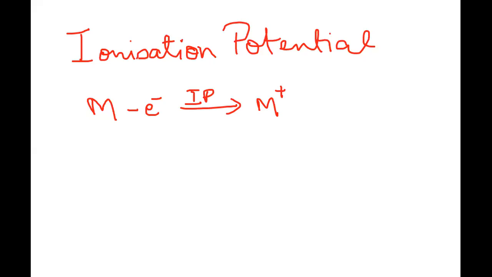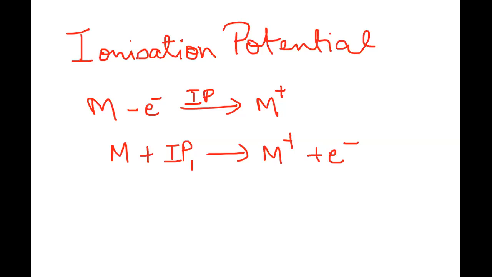The same can be rewritten as metal plus ionization potential value, that is the energy, gives you M plus and an electron. This is just the mathematical way of writing, but all this is applicable only to gaseous atoms. The values that we know are obtained for isolated gaseous atoms, because in that case they are not under the influence of any other atoms or any kind of attractive forces around them.